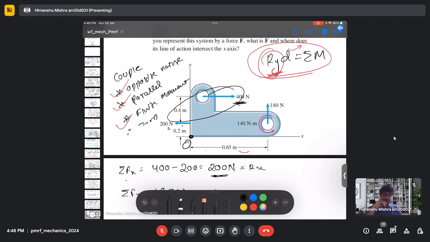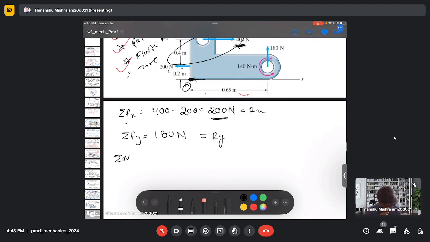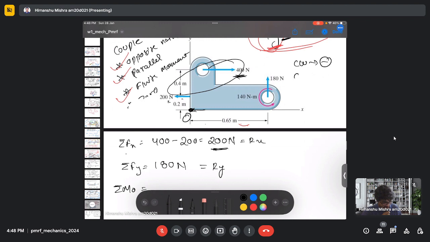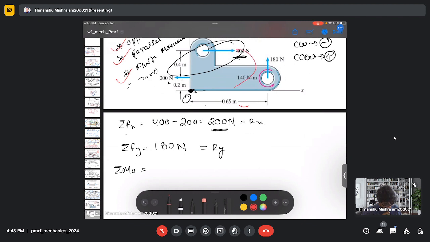So let's find the reaction at point O, because when we find the normal distance D, we can get it from the same point O. So the moment at O will be, let's say clockwise is negative, counterclockwise is positive. For 400, this is my negative direction, so it's minus 400 multiplied by 0.6.